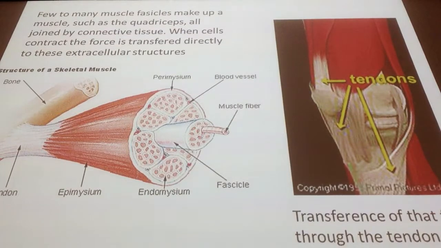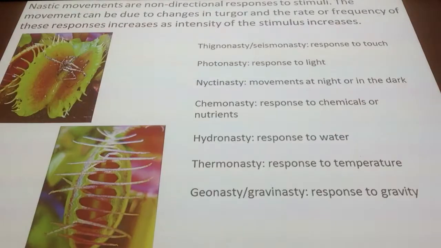Last bit about plants. I think only 2 slides. Plants actually have motility, but plant motility is regulated differently. Okay, how it does it is different. Mainly because plants stay in place. So motility or movement has to do with the entire plant changing its shape, right?